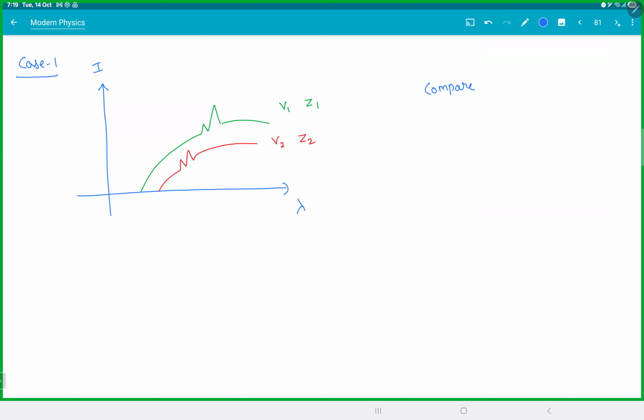The graphs are plotted. Looking at these graphs, compare which voltage is greater, V1 or V2, and Z1 or Z2. Voltage and the atomic number. Try. Take a minute, and think about it.